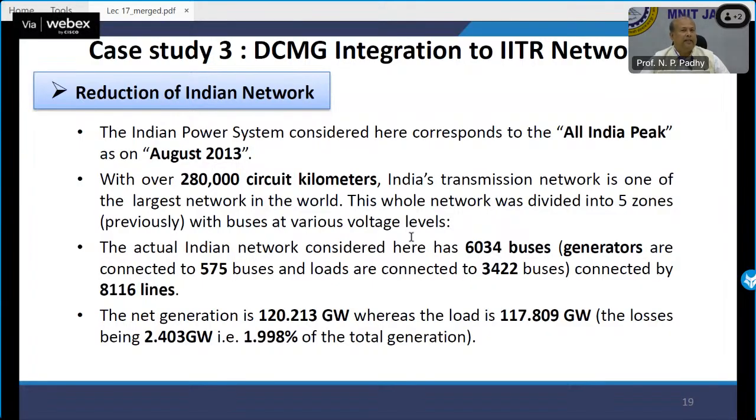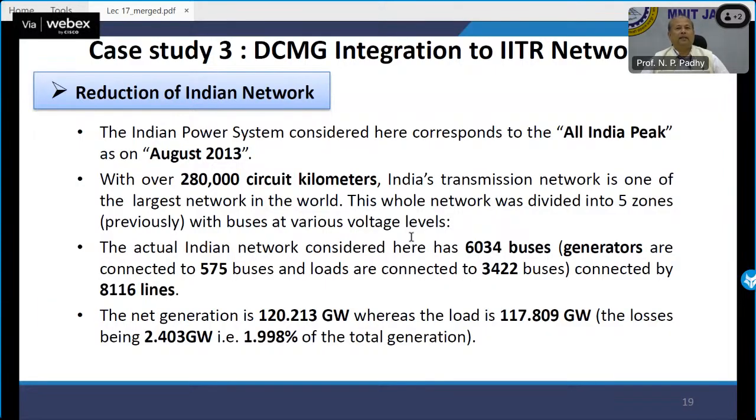The actual Indian network considered here had 6,034 buses, out of which generators are connected to 575 buses and loads are connected to 3,400 buses, connected by 8,116 lines. It is the story of 2013. In 2025, this figure might have gone 25% higher.